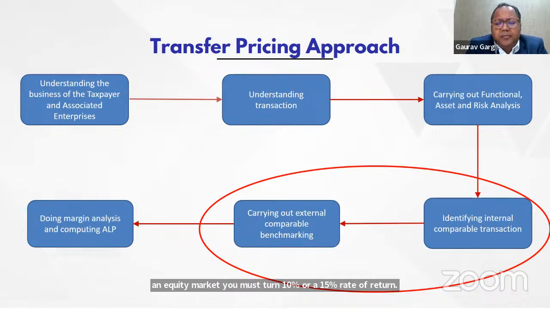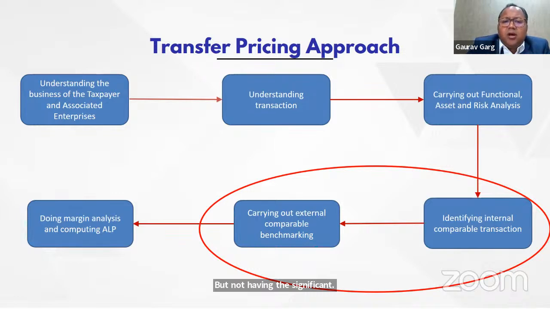So from this basic example, we can understand that we can only ensure a return to the party which is least complex, or which is not assuming significant risk, or not having significant intangible assets, and doing the least complex functions.